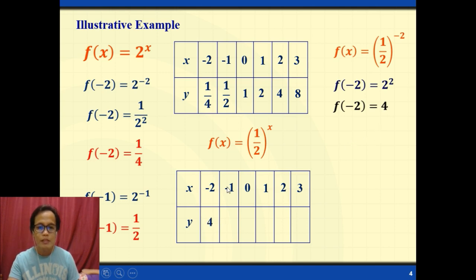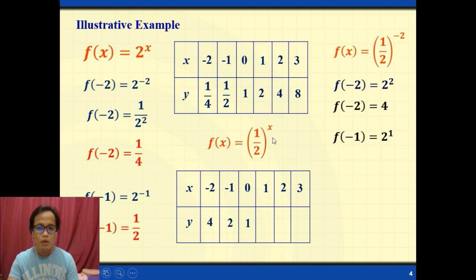Now, if x is negative 1, nag-reciprocal ana, mahimo ng 2 raised to 1. So, meaning 2 raised to 1 is 2. The same gyapon, if x is 0, any number raised to 0 kay 1 man, so this is 1.